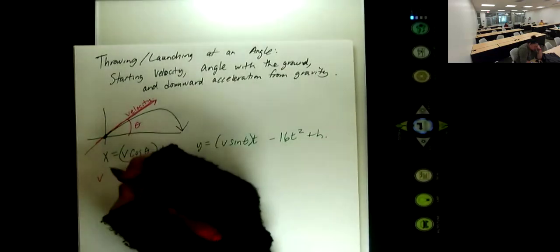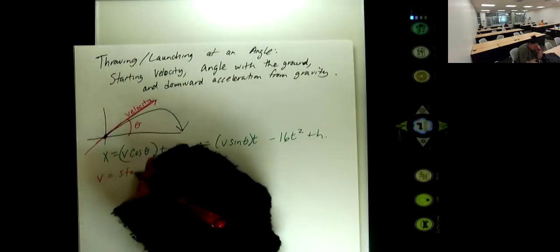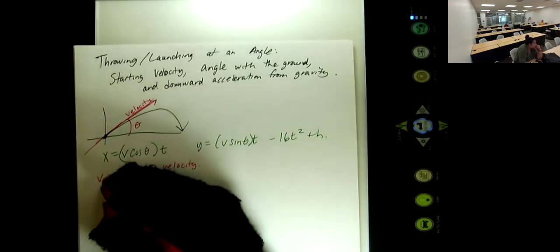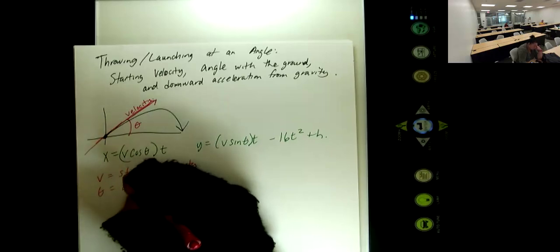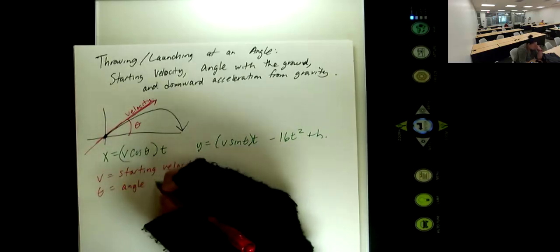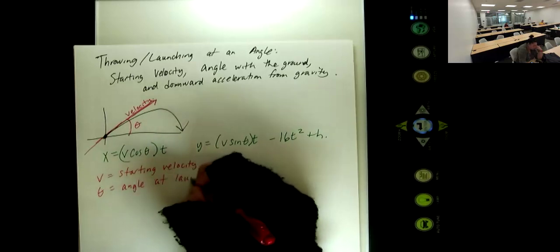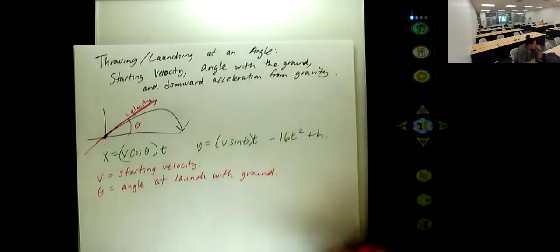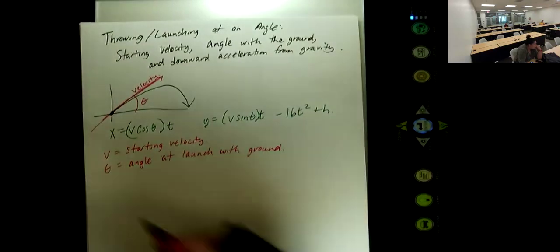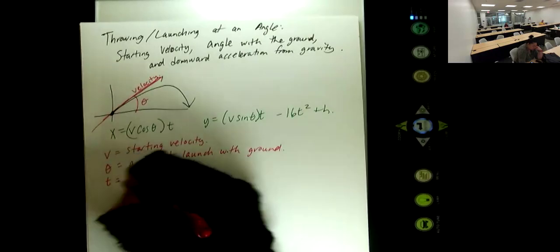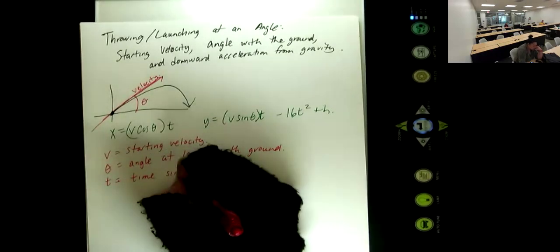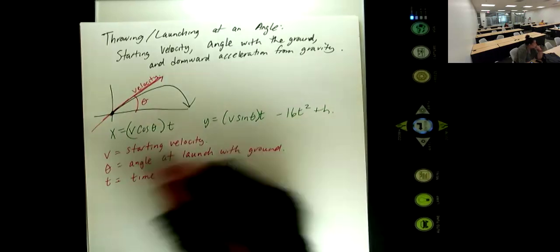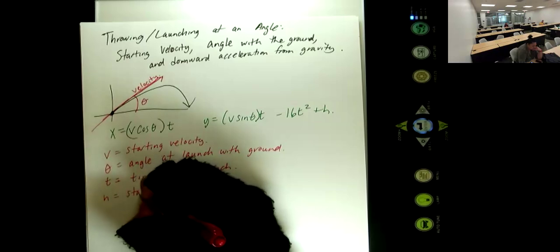So v is starting velocity, theta is the angle at launch with the ground, t is time since launch, and h is starting height.